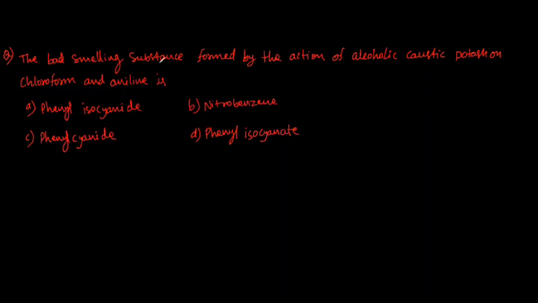The bad-smelling substance formed by the action of alcoholic caustic potash on chloroform and aniline is? Here, aniline reacts with chloroform in the presence of caustic potash.